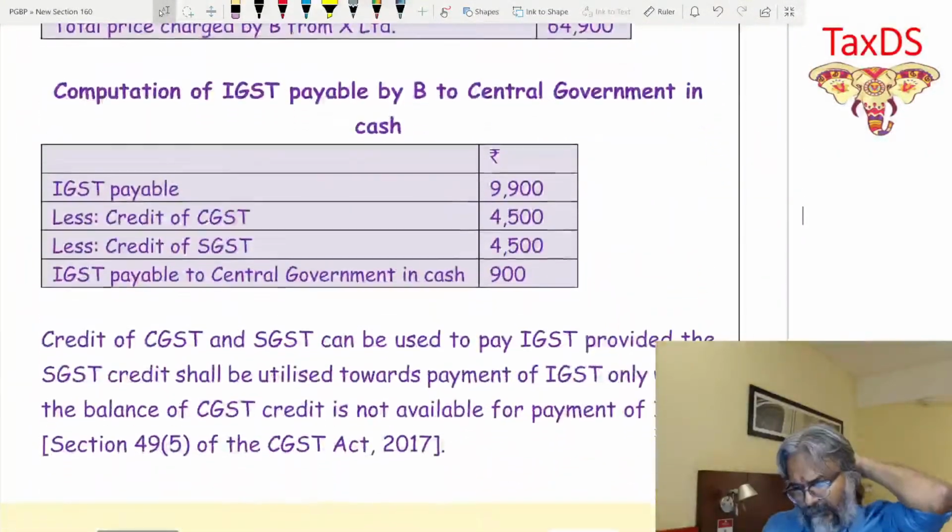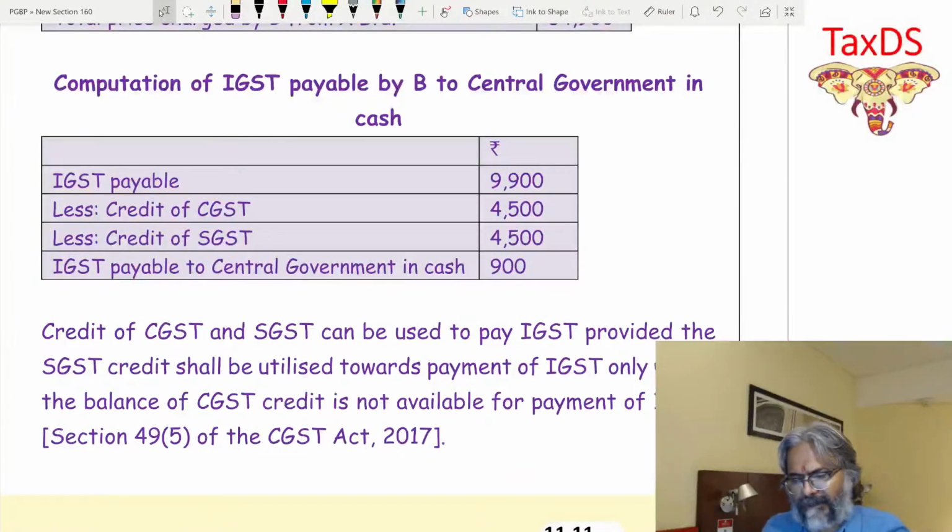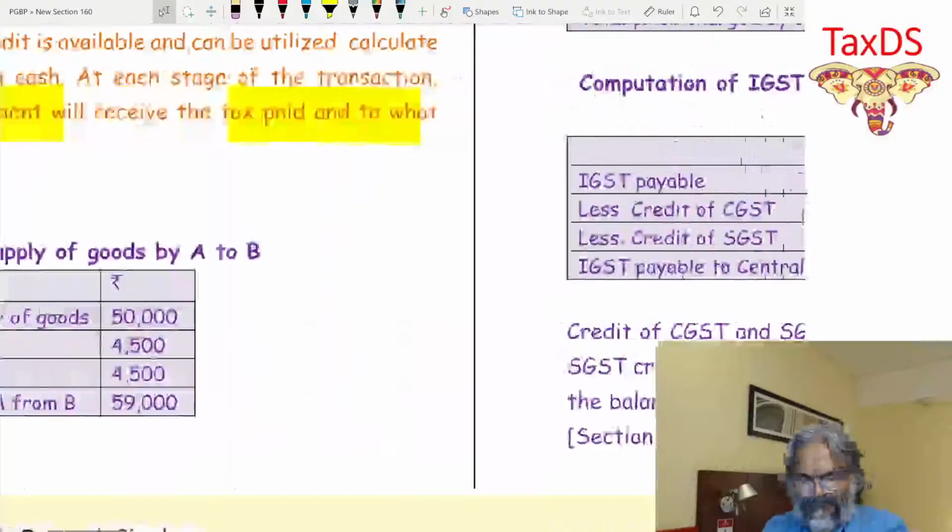So, friends, 9,900 is the IGST. Can this person, with 9,900, use the CGST credit? Yes. Can he use the SGST credit? Yes. Now, which state government will pay? Now, SGST credit, students. Which state government? The first state, which was the first state? Maharashtra.